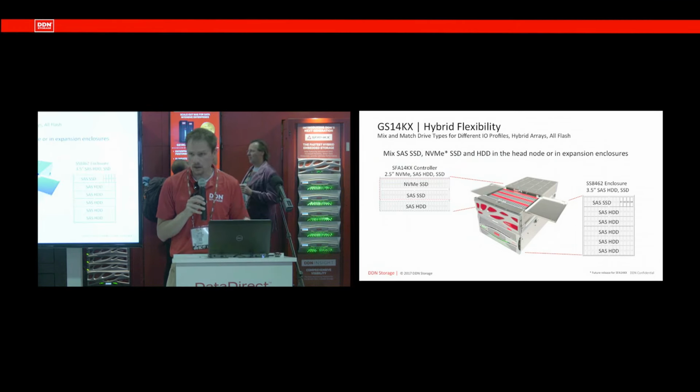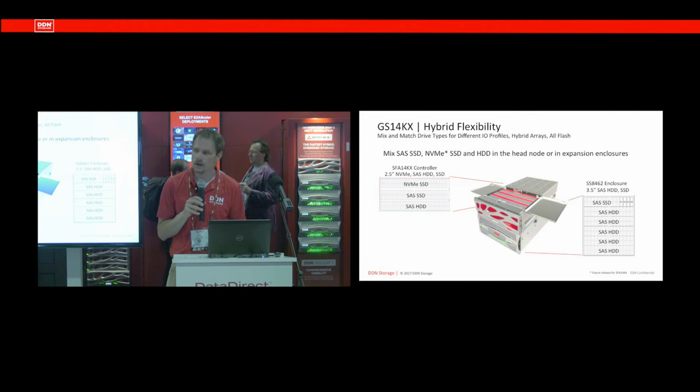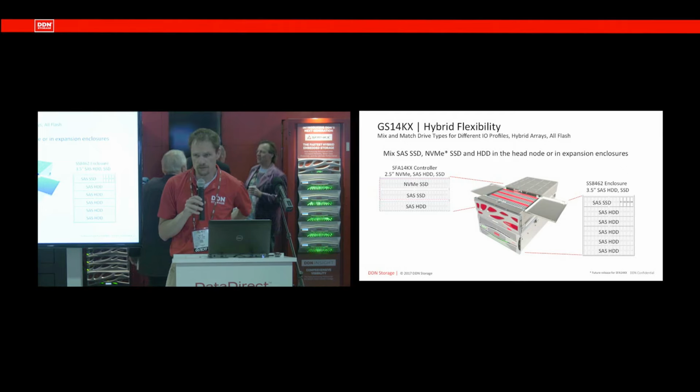I told you that we utilize the SFA platform for both our GRIDScaler solutions as well as for our Lustre solutions. This is an image showing the SFA building blocks as well as the controllers. We do have room within that SFA box to actually add in NVMe as well as SAS hard drives to enable faster caching at the GPFS or the Spectrum Scale level.